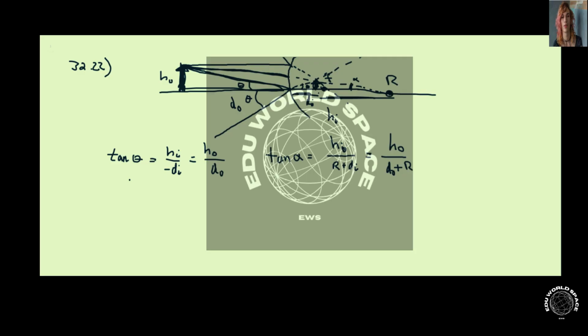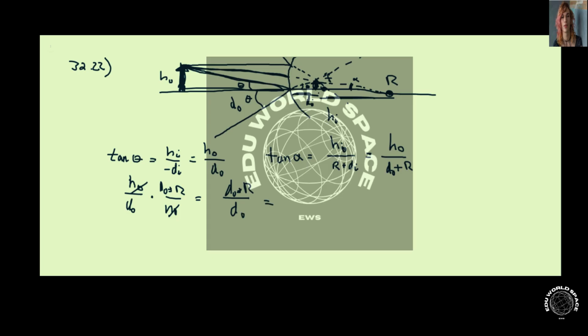So if we divide these two equations, we should see we have h naught over d naught times d naught plus r over h naught. We'll see these cancel out. We're left with d naught plus r over d naught.